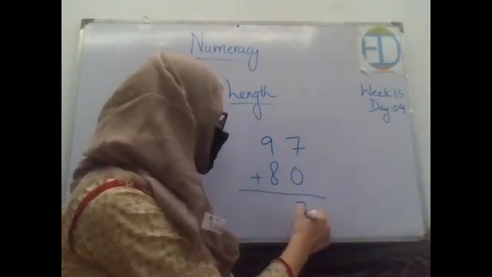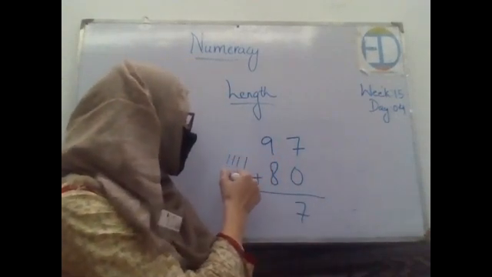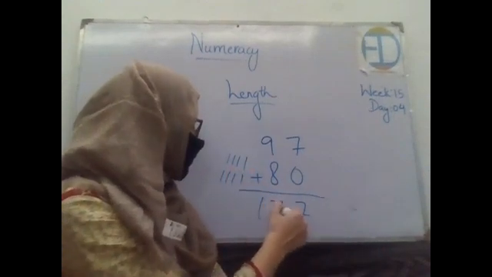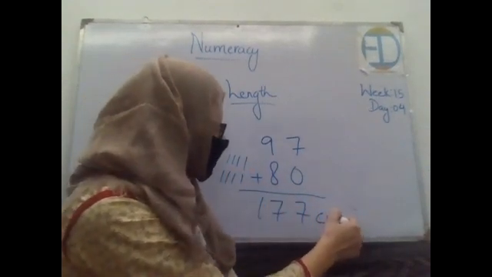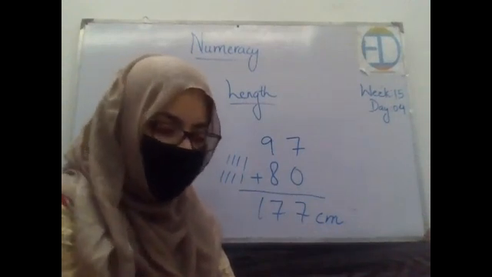Seven plus 0, 7. 9 plus 8, 17. What is the height of his father? 177 centimeters. Let's do the next one.